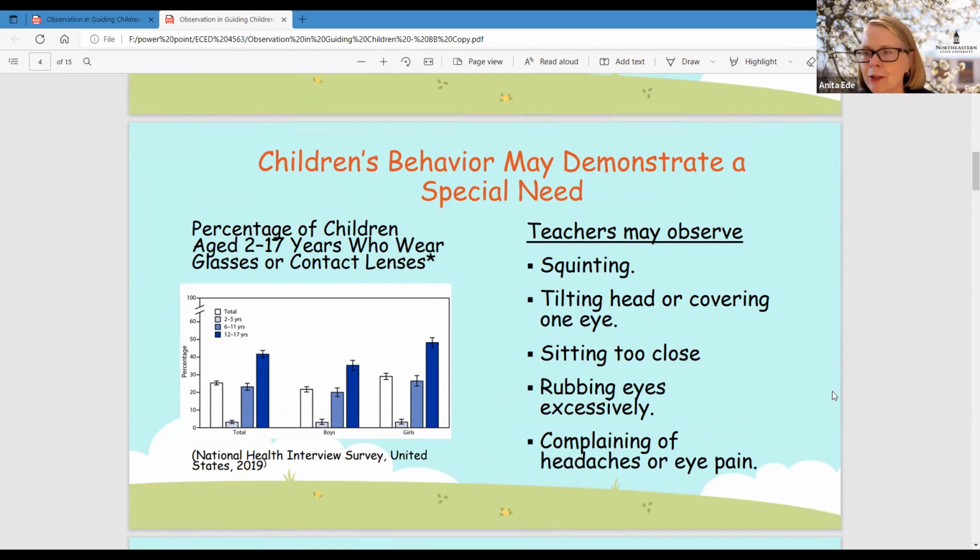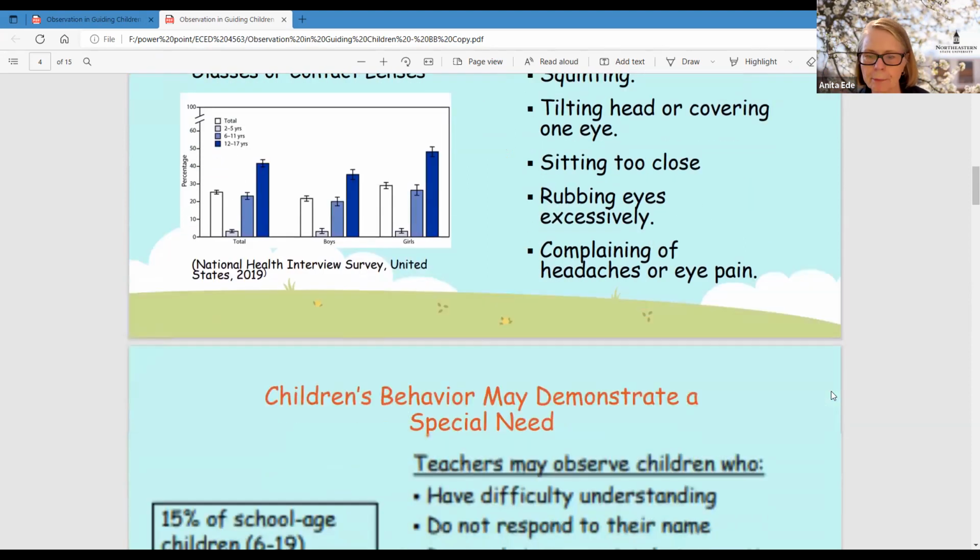That's when I would send home a note to the family and say, I have noticed that Junior is walking up to the board and standing 6 inches away while trying to read it. I highly recommend that you take him to his pediatrician and have him referred for an eye check. You may notice squinting, tilting of the head, covering an eye, all kinds of symptoms that he probably needs glasses. Okay.